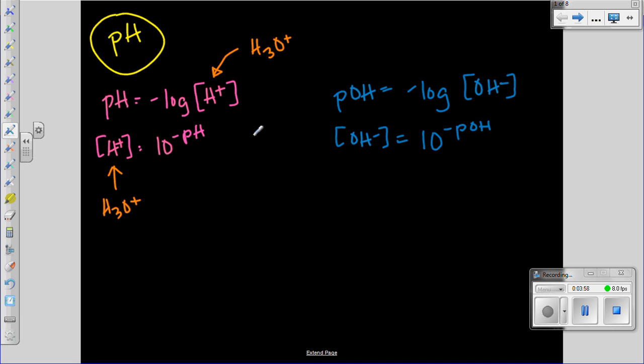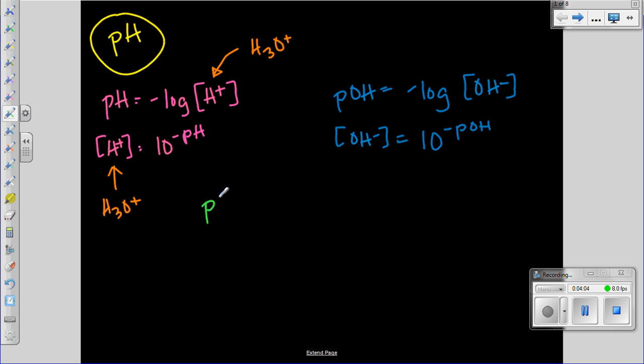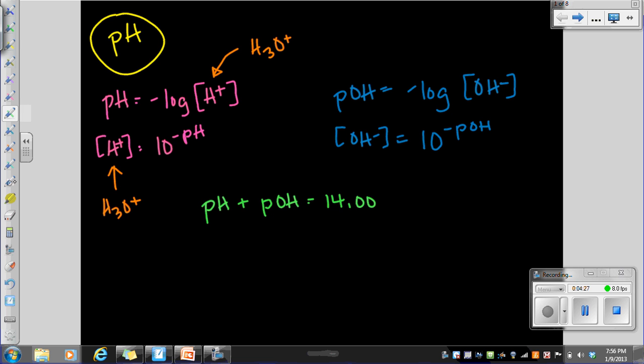Now we can go back and forth between pH and pOH by using another equation. So the pH plus the pOH equals 14. And you can remember that if you think about the pH scale running from 0 to 14. And then we can also relate the hydrogen and hydroxide ion concentrations.